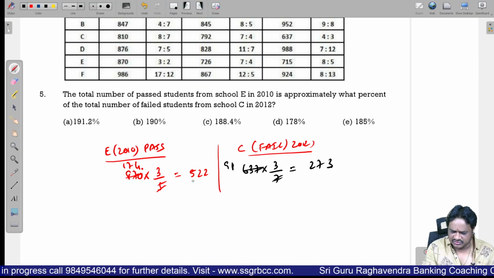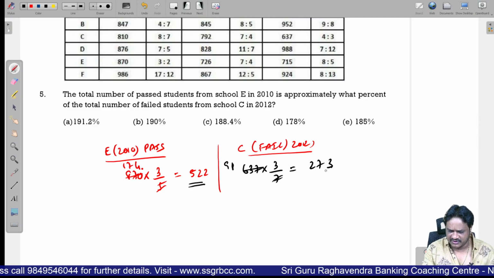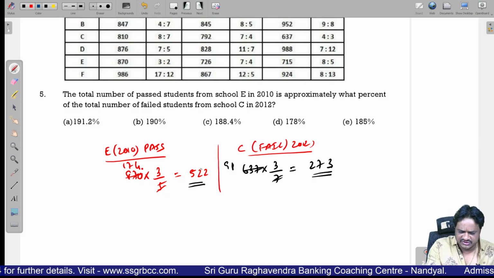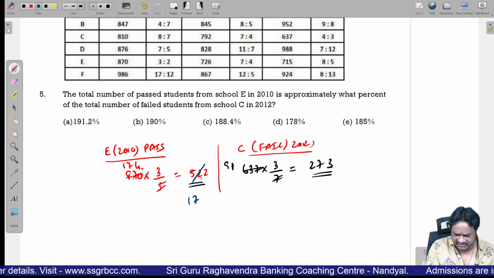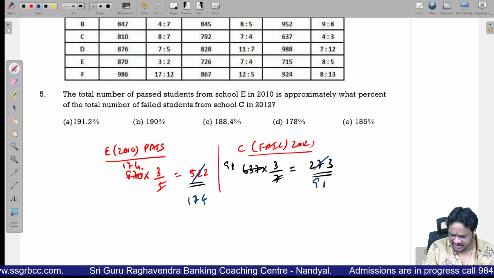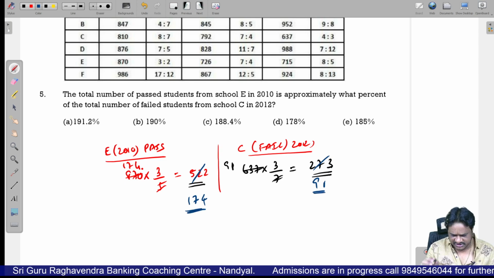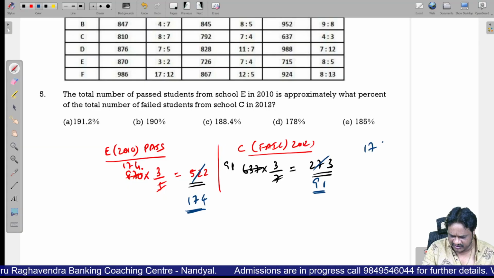The passed students of E is approximately what percent of this? Let us simplify these values with 3. 3 17s, 3 fours, 3 9s. 174 is how much more than 91? Or 174 is what percent of 91?